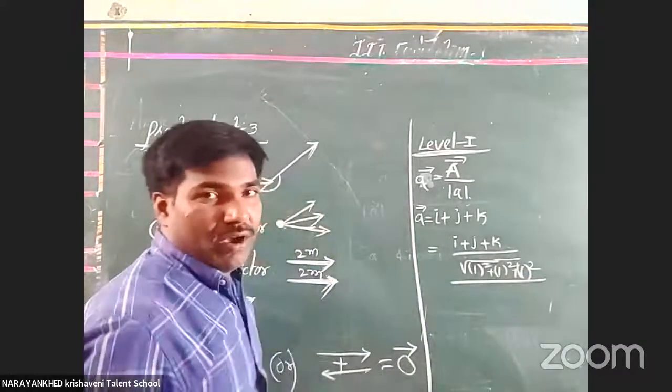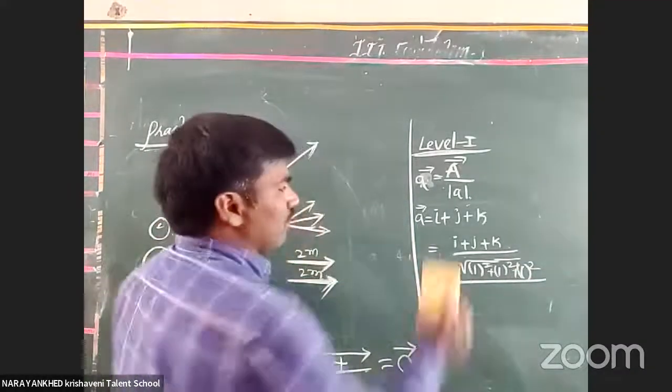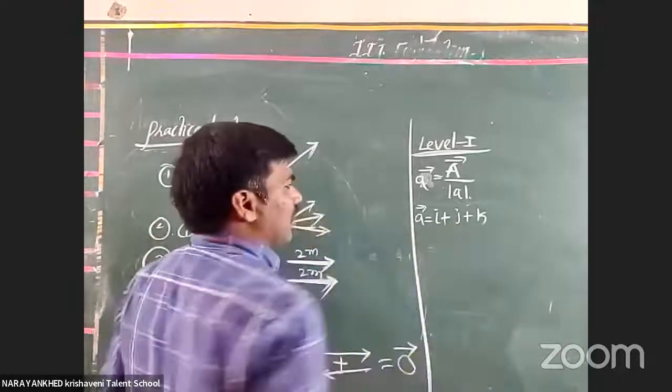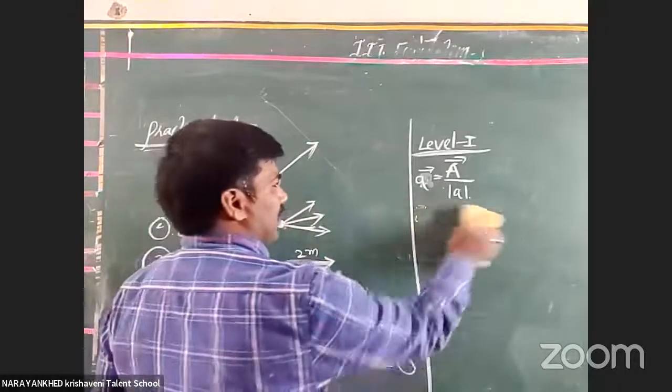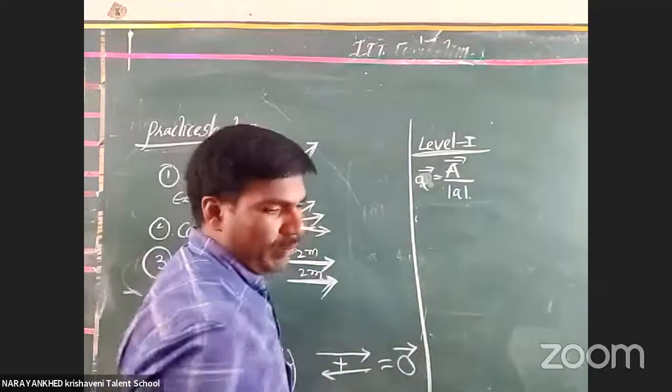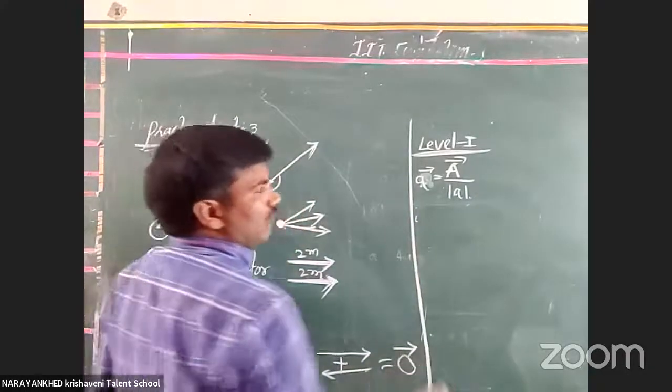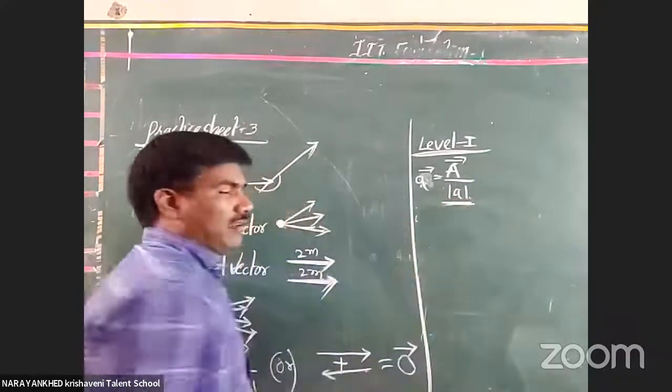In this way we have to consider it. That becomes a unit vector; the magnitude should be 1.